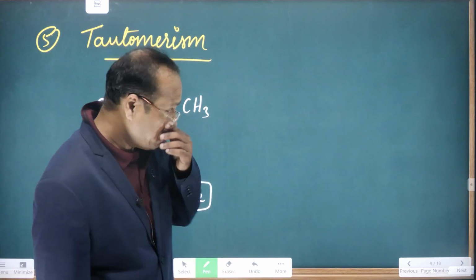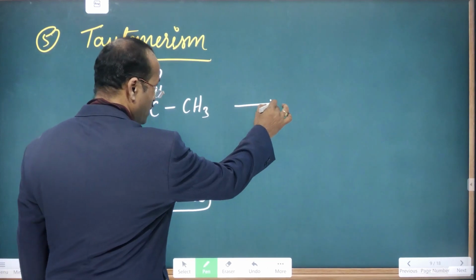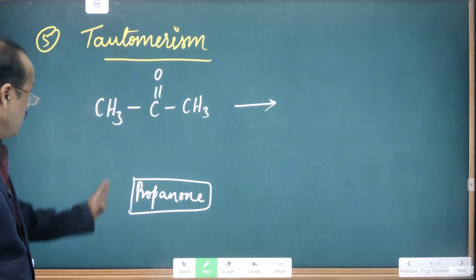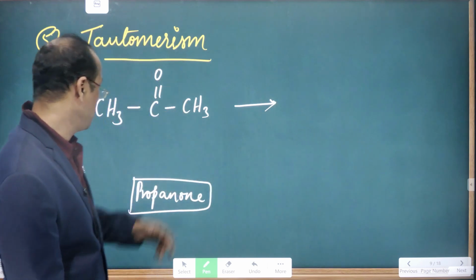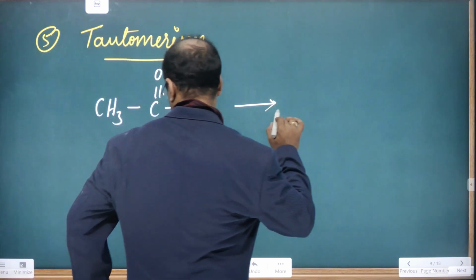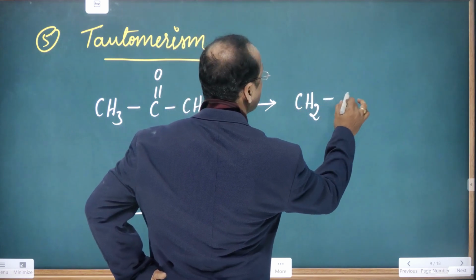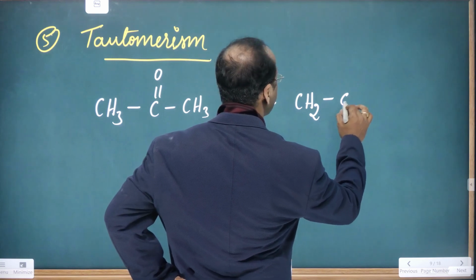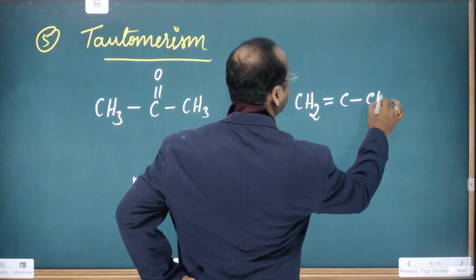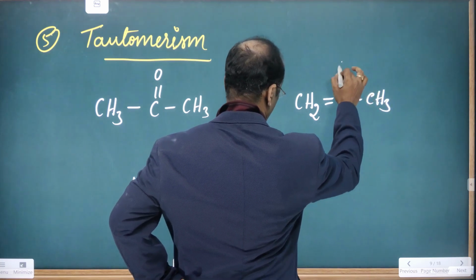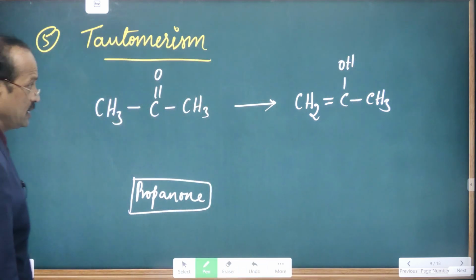Now what happens, students? Under certain conditions it is interconvertible, it changes. How does it change? See here, I write like this: CH2, C, here I will put a double bond, and CH3 single bond OH.